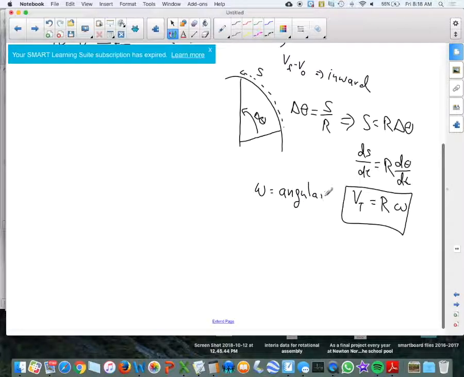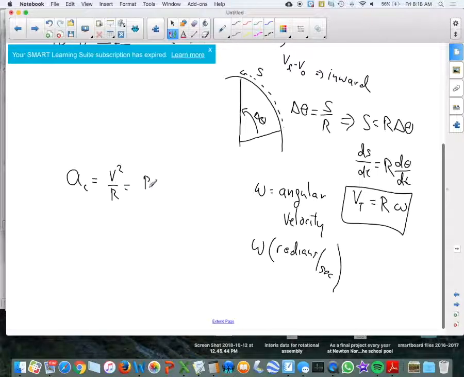And omega is measured in radians per second. I can use this relationship and write that centripetal acceleration, which is v squared over r, is also r squared omega squared over r.